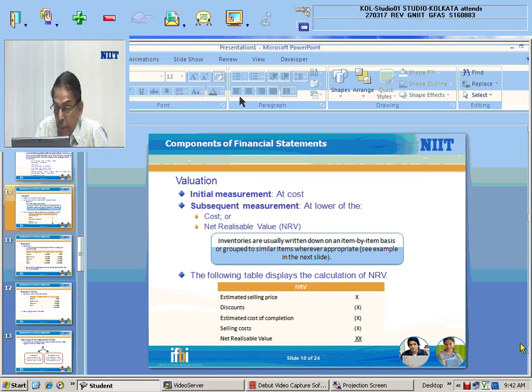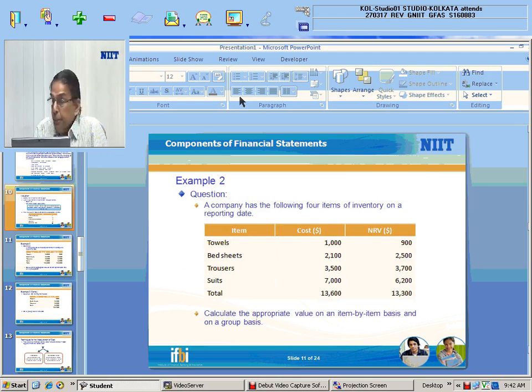Now we go to an example regarding writing down of inventory item by item or as a group. A company has the following four items of inventory on a reporting date, that is the date they are preparing the profit and loss account, balance sheet, etc. Towels, bed sheets, trousers and suits.